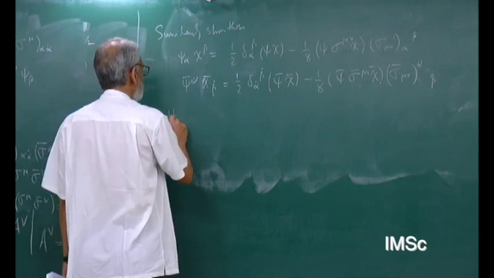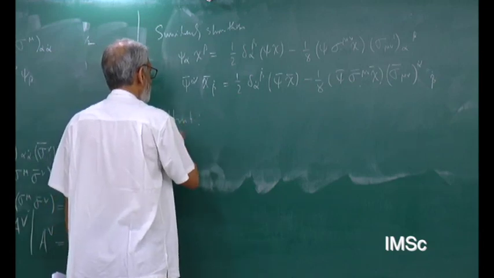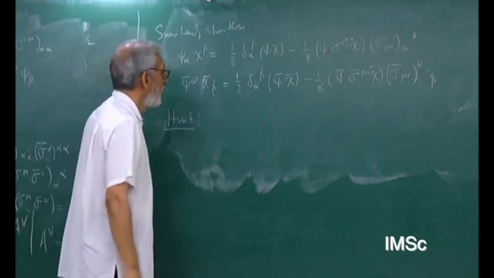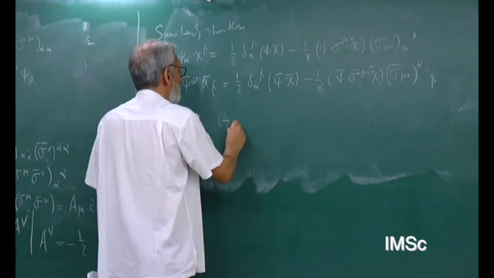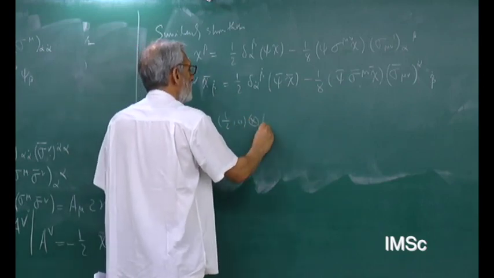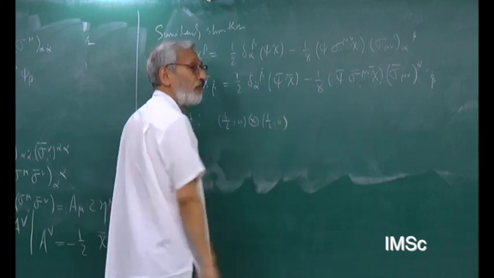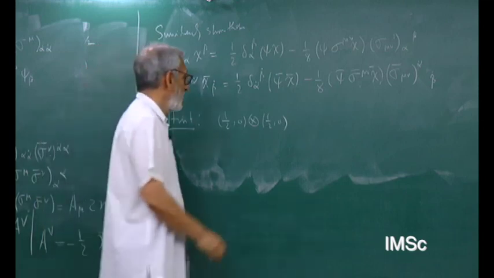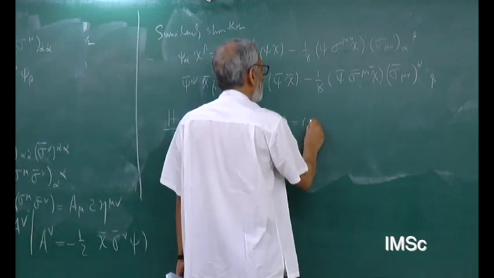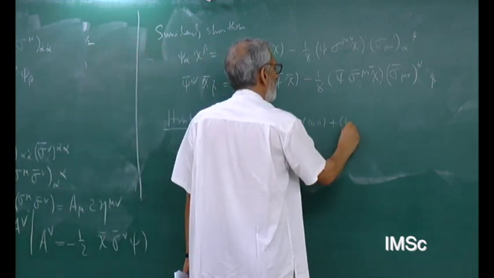Hint. This one, for example, this one is a product of half 0 and half 0, the first one, and half 0 times half 0 is a singlet plus 1 0.